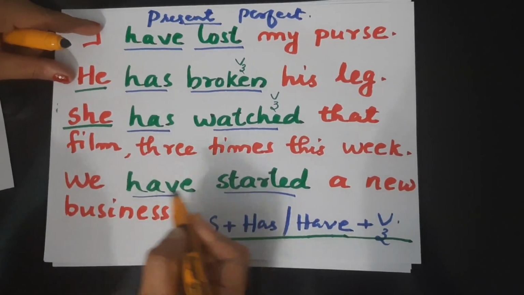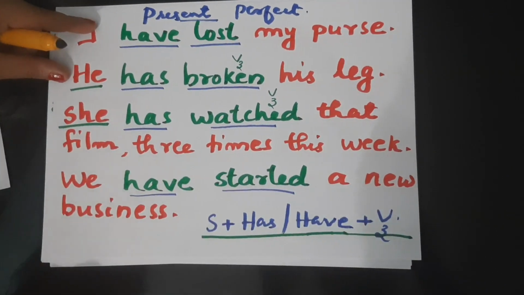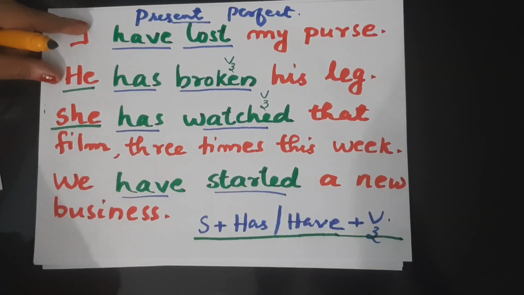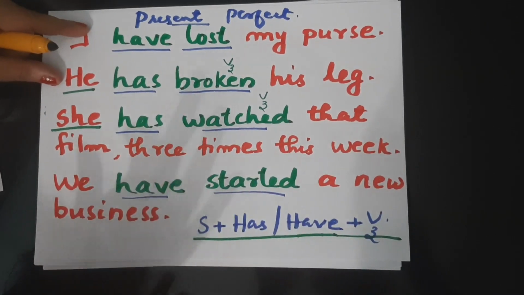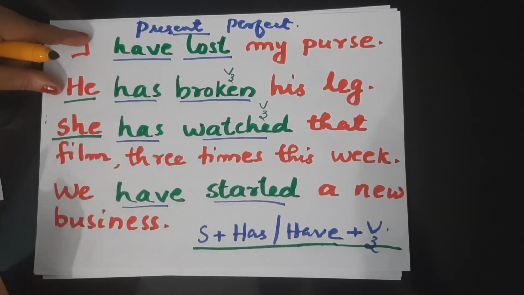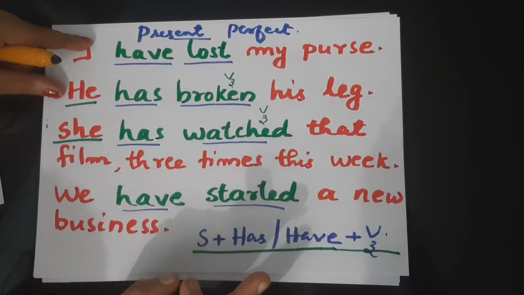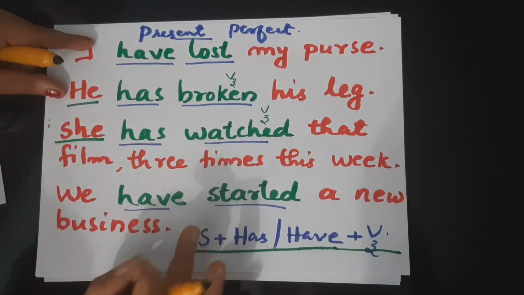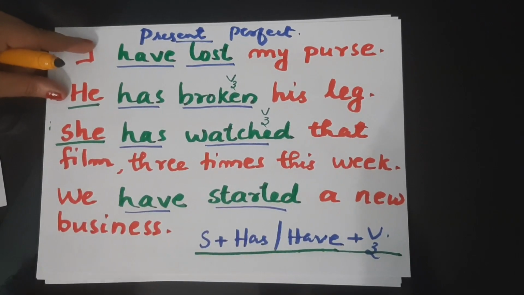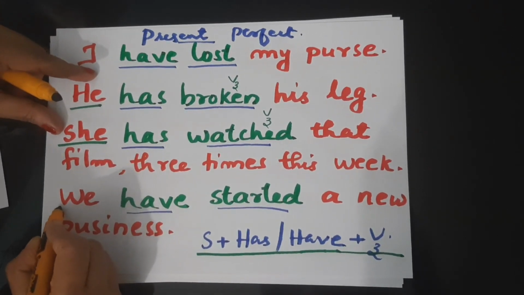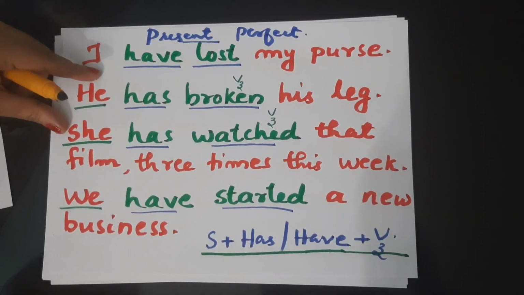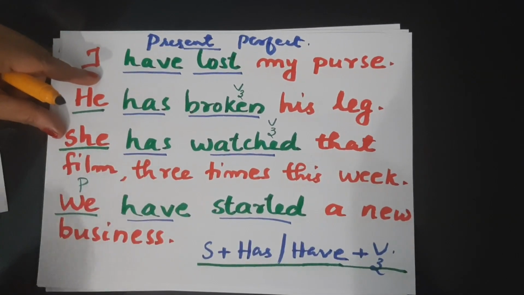Next, come to this sentence. We have started a new business. Means we have started a new business recently. Okay, just recently. That is it. Or you can say that this is a just completed action or an action happened recently. See, here the subject is we. You know that we is a plural subject.